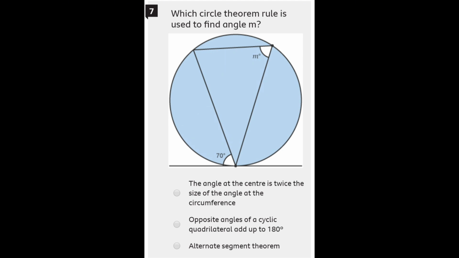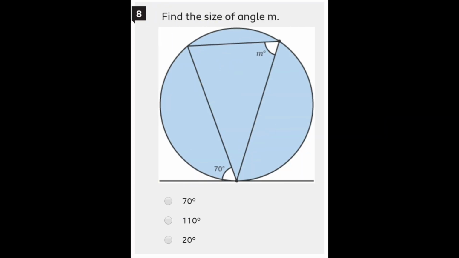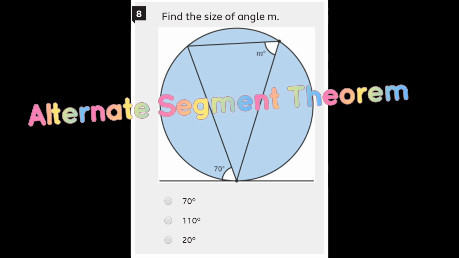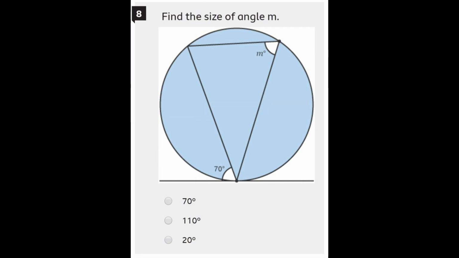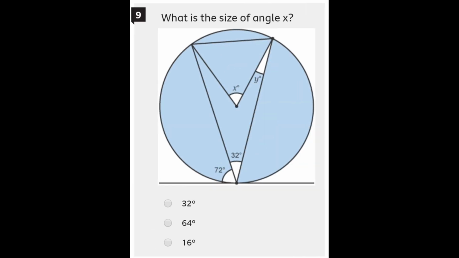And this theorem is called the alternate segment theorem. For this question, to find the size of the angle M, we will use the alternate segment theorem, so angle M is equal to 70 degrees.